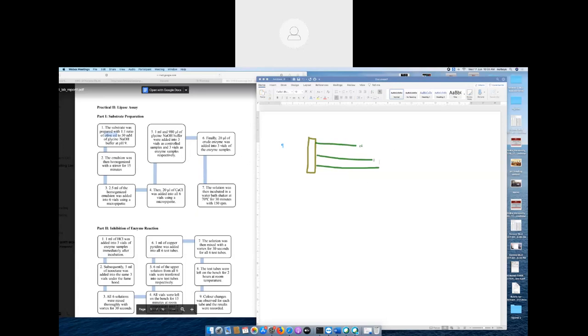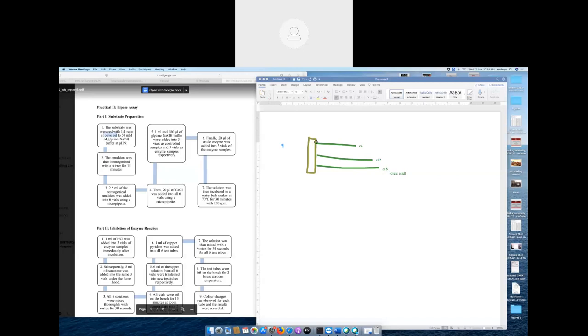For lipase, it will target all these long chains, maybe C12, and then C18. So lipase only cuts the long chain carbon, so we'll just use oleic acid as the standard. You can find it later.